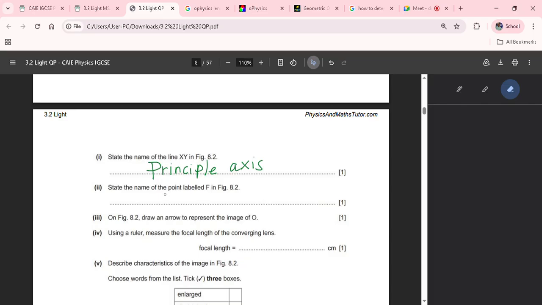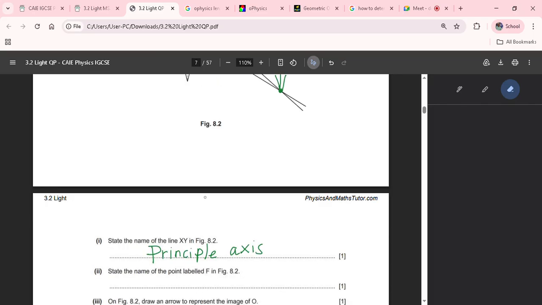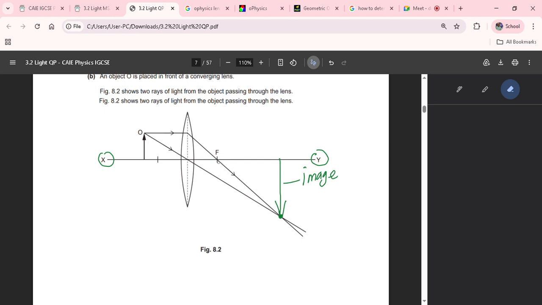State the name of the point labelled F in figure 8.2. What is the F? What do you think?